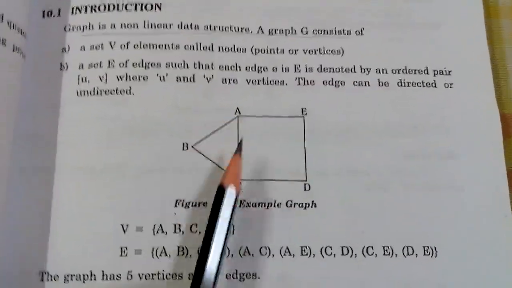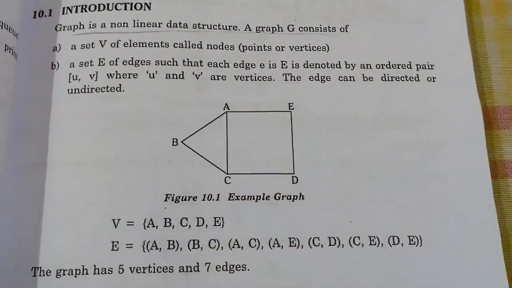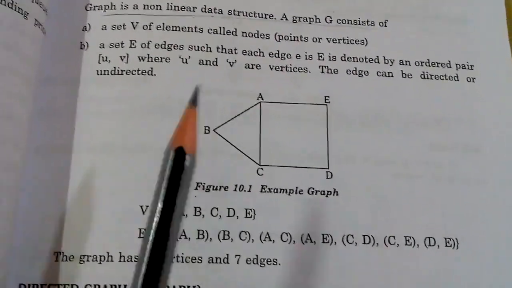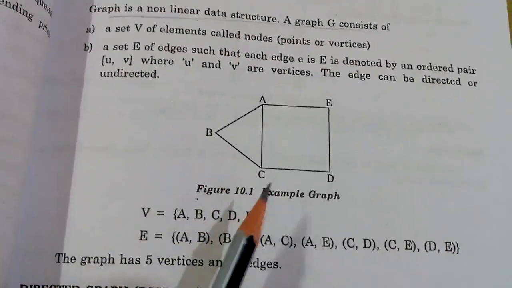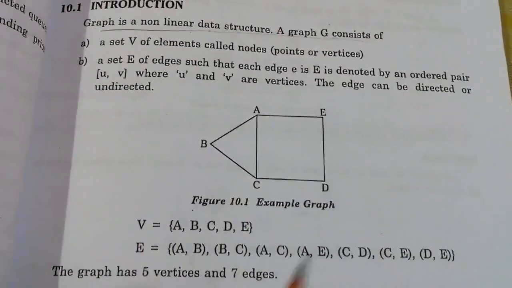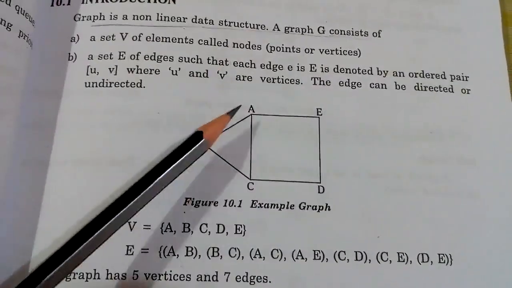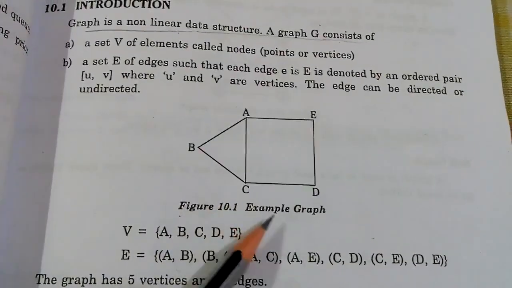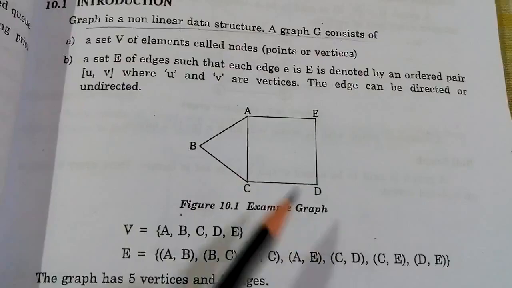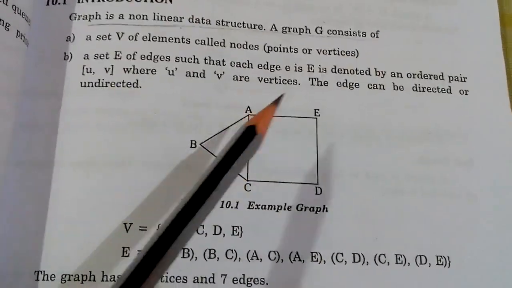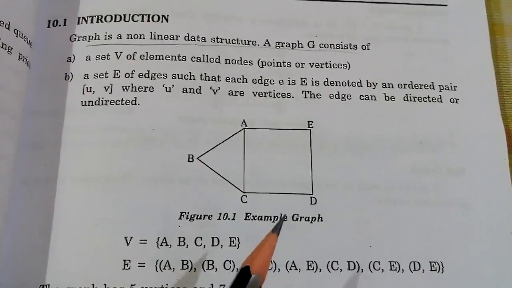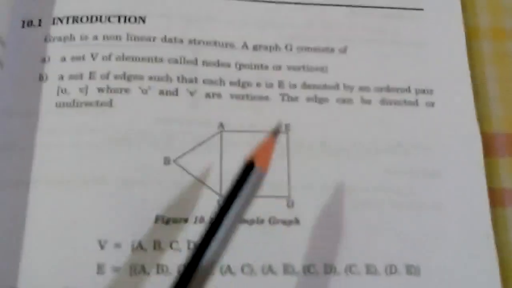Here this is an undirected simple graph with the vertices a, b, c, d, e. Edges: ab, bc, cd, ac, ae, and de.